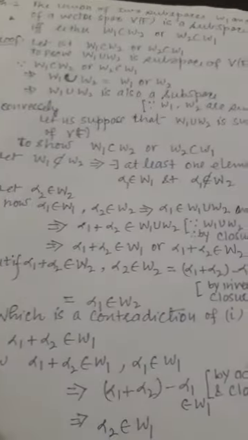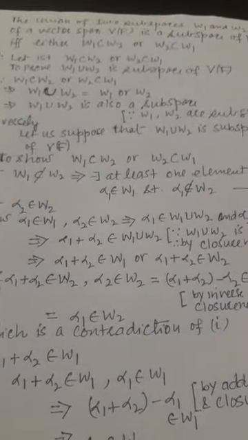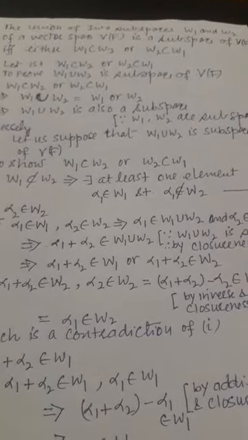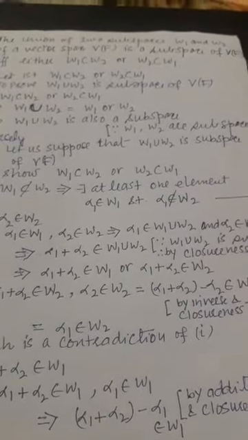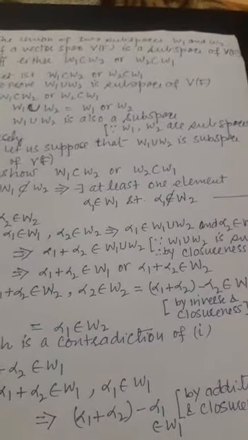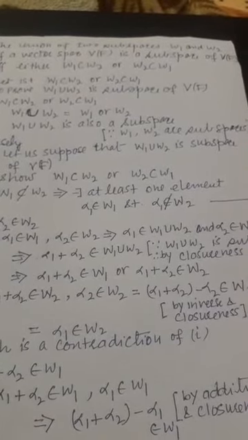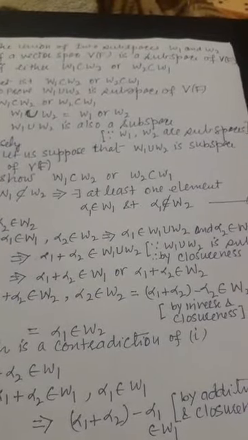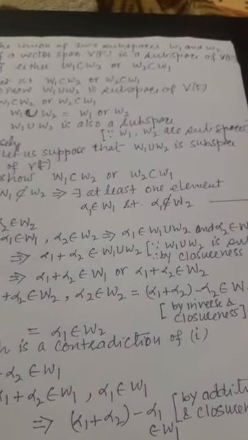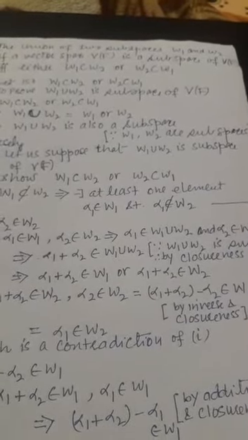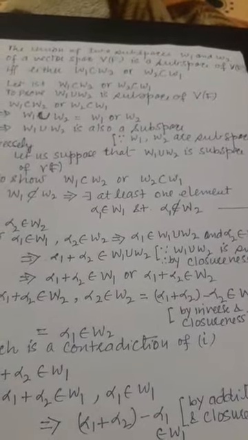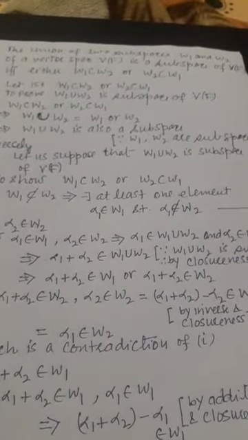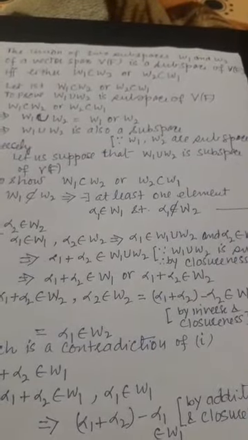Now the next very important theorem: the union of two subspaces W1 and W2 of a vector space V over F is a subspace of V if and only if either W1 is a subset of W2 or W2 is a subset of W1. So proof. Let us first consider W1 is a subset of W2 or W2 is a subset of W1.